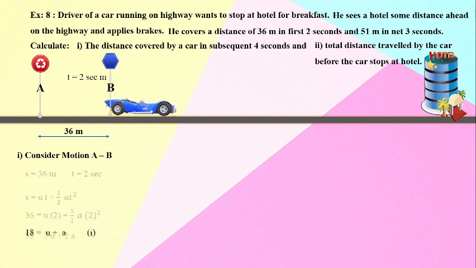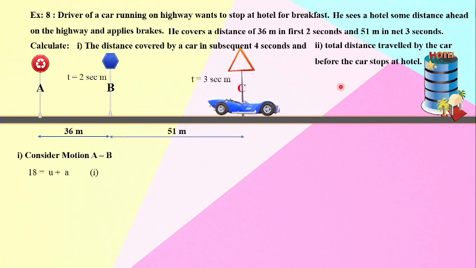Now I will consider the second part, where the total time will be 5 seconds and the total distance will be 36 plus 51. So consider the motion AC. So s is equal to 36 plus 51, which is 87, and the total time is equal to 2 plus 3, which is 5 seconds.